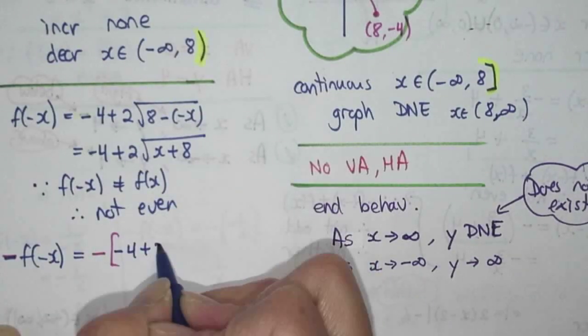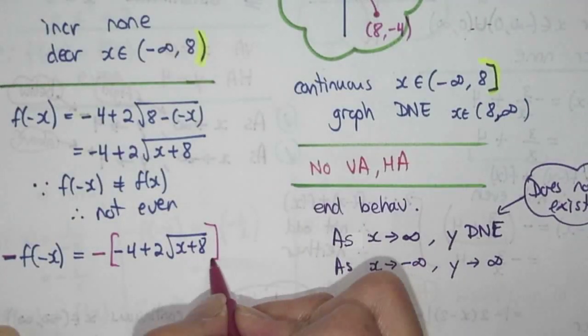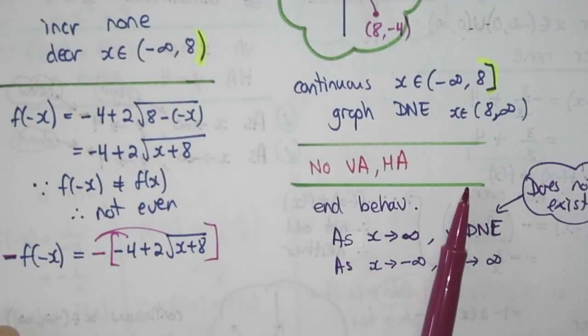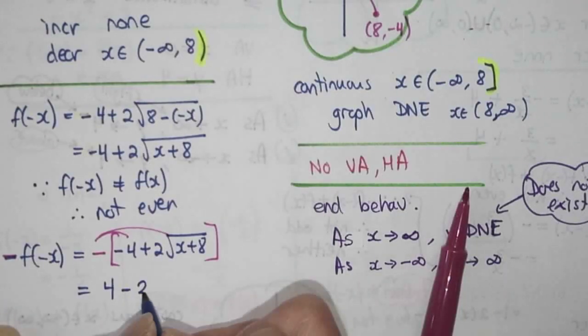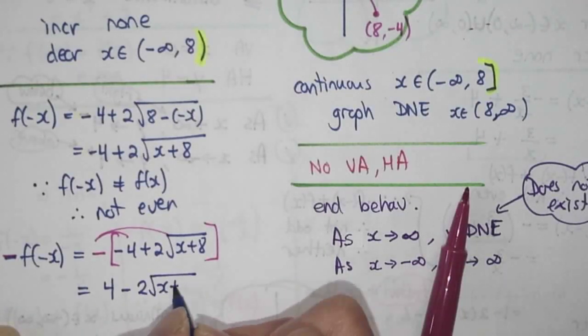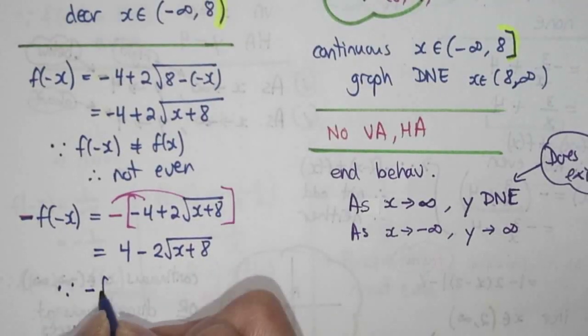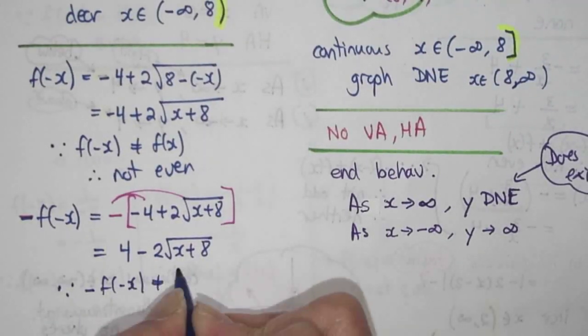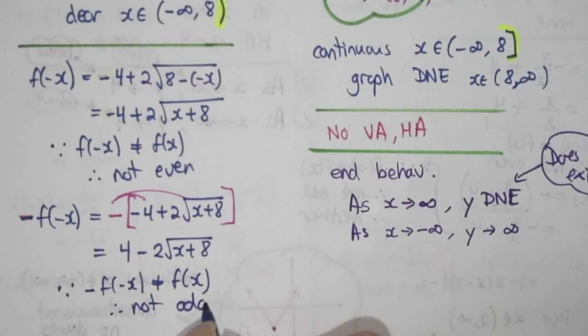So negative 4 plus 2, x plus 8, right? And bring in the negative, and we got back positive 4. That's not going to help me. Minus 2 also doesn't help me, and that just messes it up, so definitely not. So since negative f of negative x also did not bring me back to the original, therefore not odd, therefore neither.